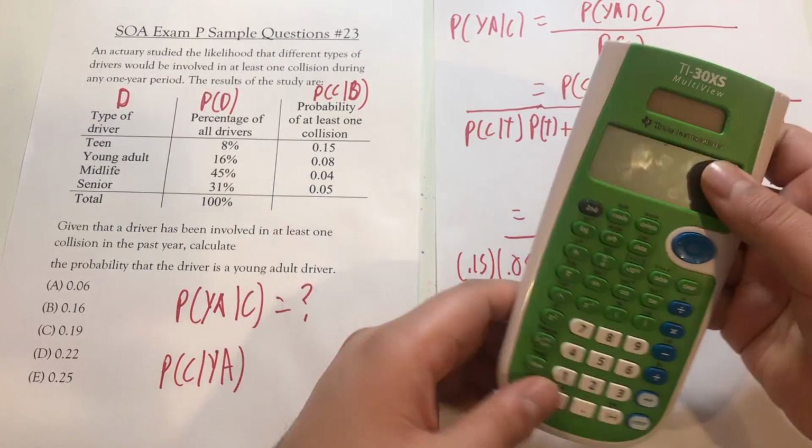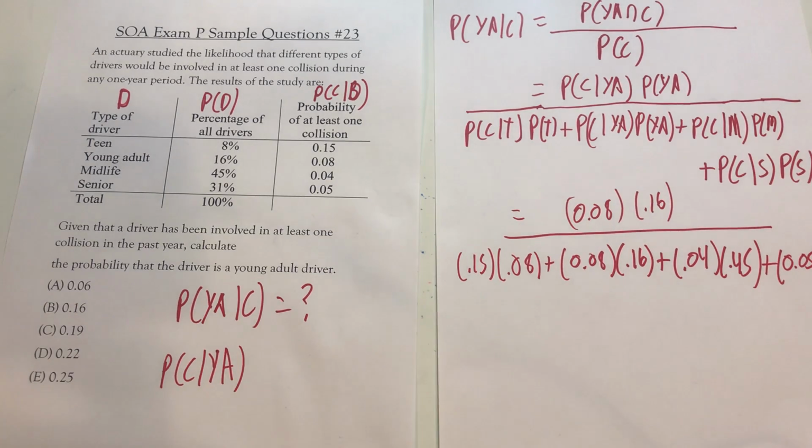Now, I'm just going to plug this into the calculator and get my answer. So just give me one moment. I don't have these worked out beforehand because I think it's important to watch me solve these in real time, the way I would actually think through a full question. All right, so it's the numerator divided by 0.15 times 0.08 plus 0.08 times 0.16 plus 0.04 times 0.45 plus 0.05 times 0.31.